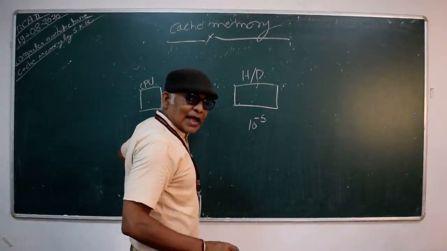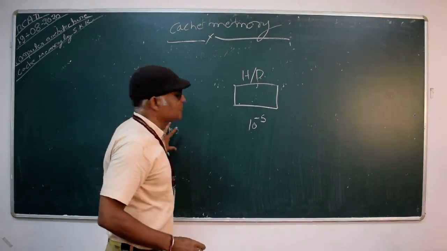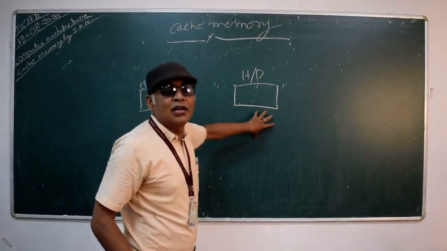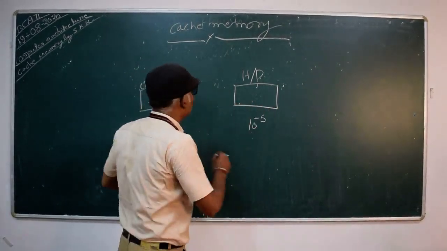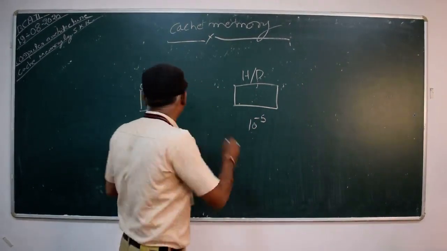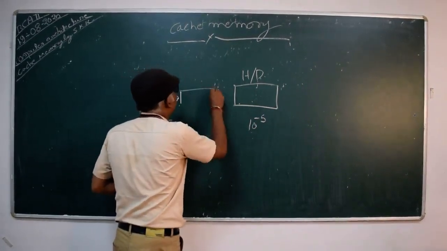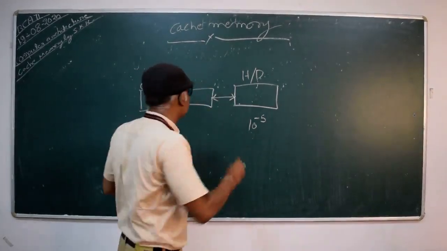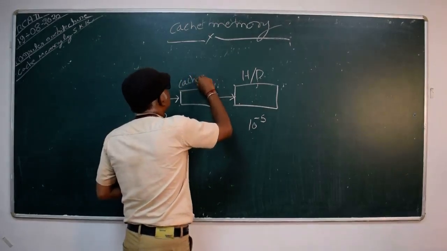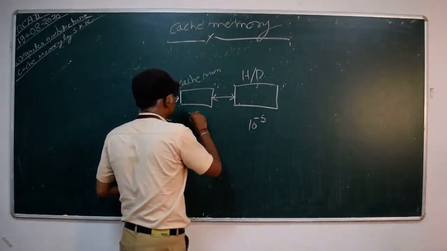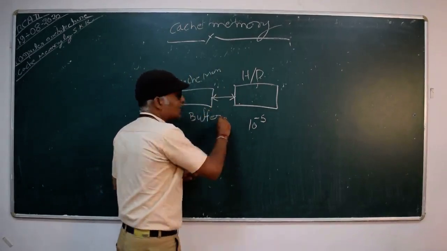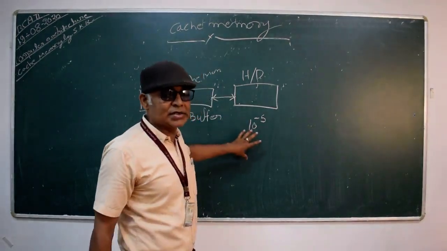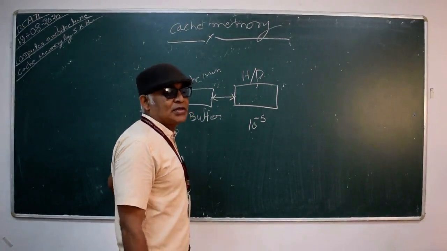So the actual performance of the CPU becomes synchronized with the speed of the hard disk. To solve this lacuna, we have inserted one buffer memory between the CPU and the hard disk, and that is called cache memory. It acts like a buffer. It stores all the relevant blocks currently executing from the hard disk and provides much faster accessibility to the processor.